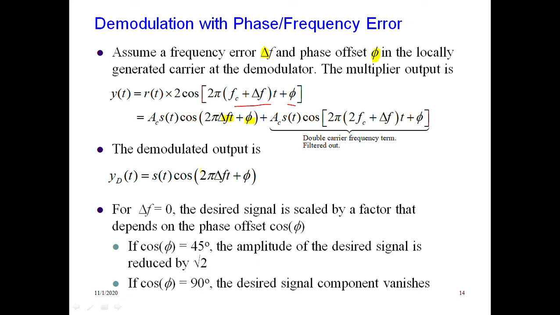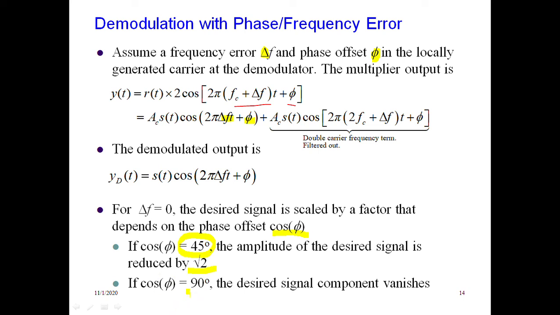If delta F is equal to 0, the desired signal is scaled by a factor that depends on the phase offset, so cos phi. If there is a shift of 45 degrees, the amplitude of the desired signal will be reduced. That is how we calculate or predict the desired signal reduction.